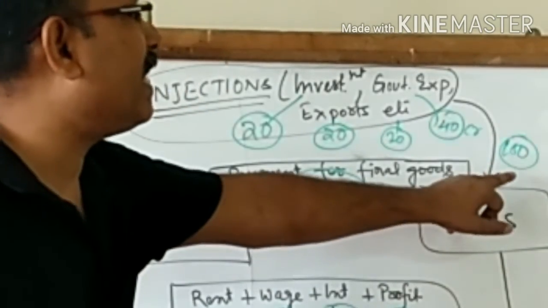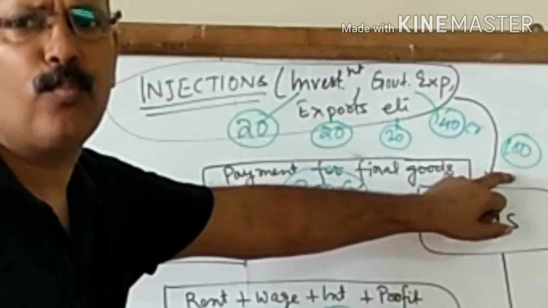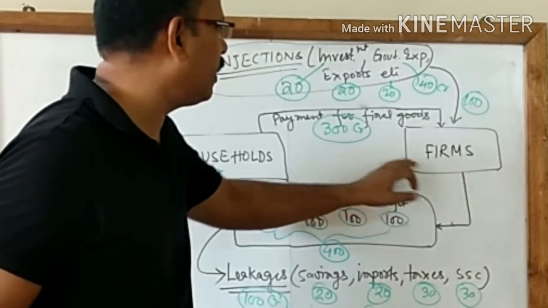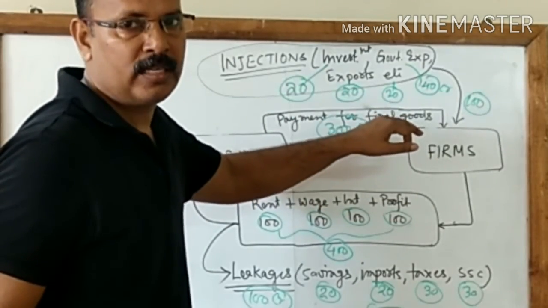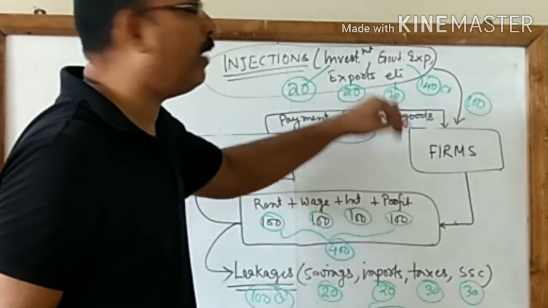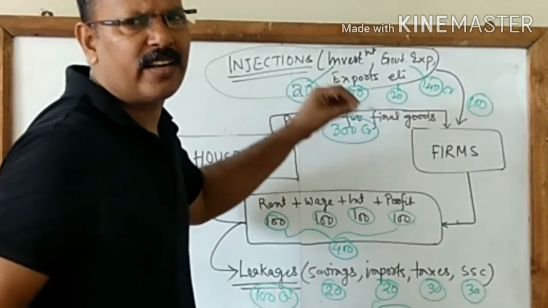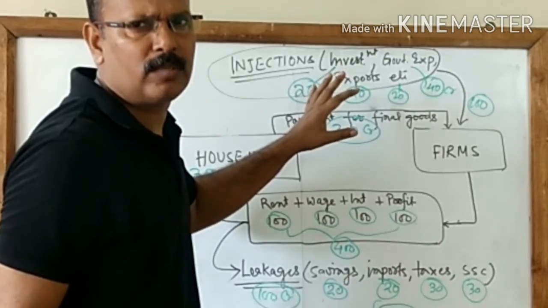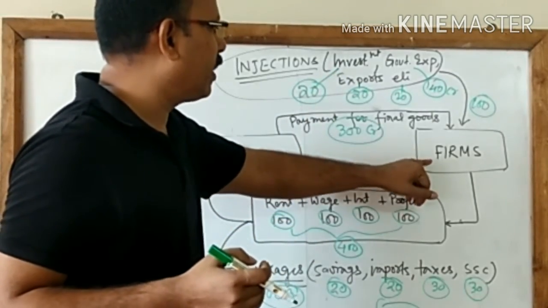The firms will get an injection of 100 crore, or may get an injection of more than 100 crore also. So ultimately the firms will be compensated by these injections. Generally, government tries to make a balance between the leakages and injections, but in reality it may not always be possible. That exact balancing is not possible, but government is making investment.